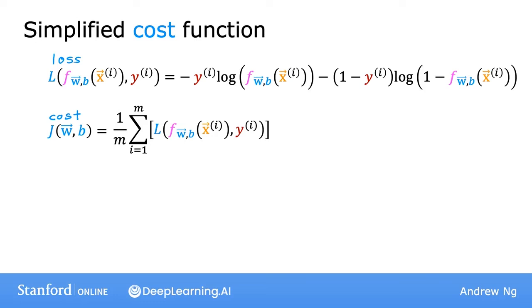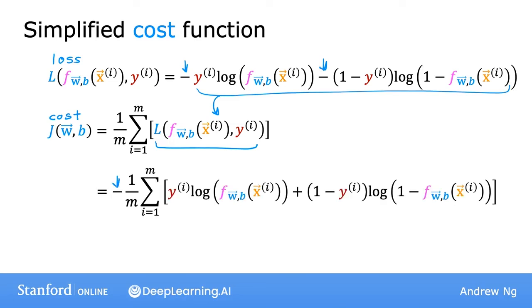So it's 1 over m times the sum of the loss from i equals 1 to m. Now, if you plug in the definition for the simplified loss from above, then it looks like this, 1 over m times the sum of this term above. And if you bring the negative signs and move them outside, then you end up with this expression over here. And this is the cost function.